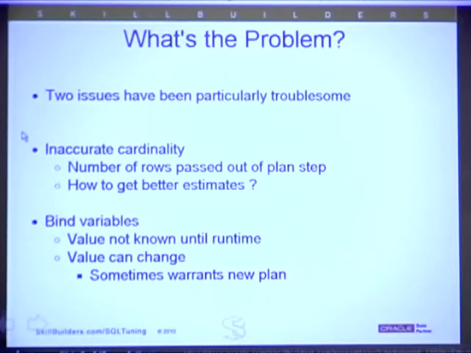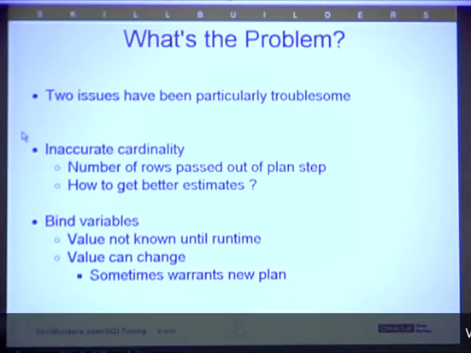Plenty of reasons for inaccurate cardinality. The number of rows passed out of a step in the plan. If it's right, things are typically pretty good. The next step in the plan is correct, whether the hash join or nested loop is based on that cardinality. We have to see if this will get us better estimates.